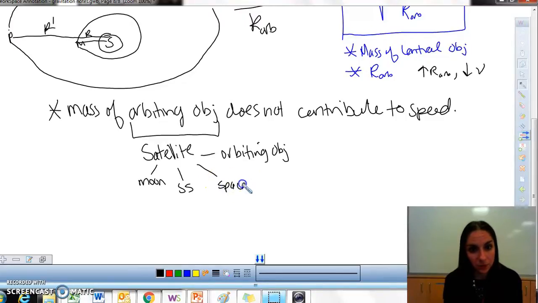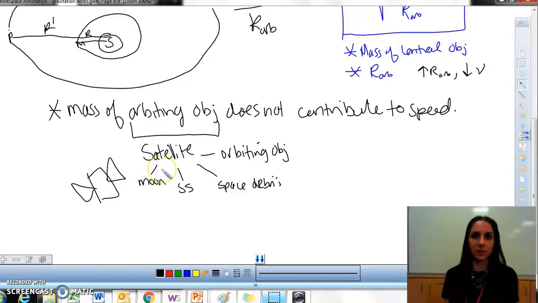It could be anything, as long as it's orbiting something. So if you see the word satellite, it doesn't necessarily mean what you think of as a satellite, right? Of course, you know why that name is used, hopefully now: because it orbits the Earth. Satellites that are up there control communications or whatever they do up there. Okay.